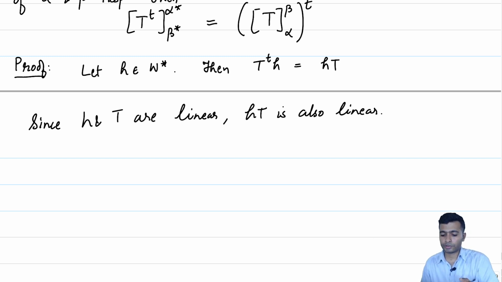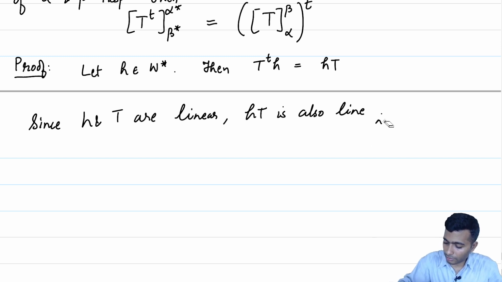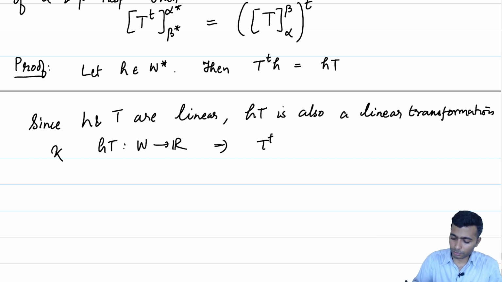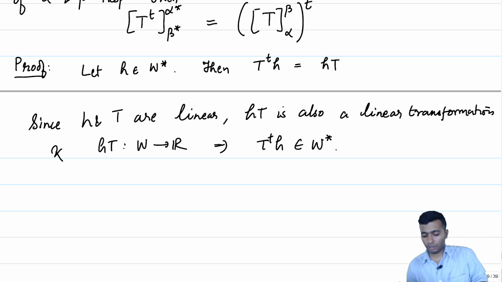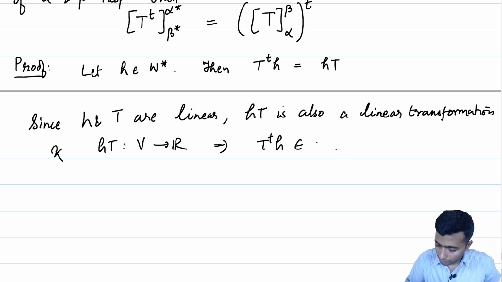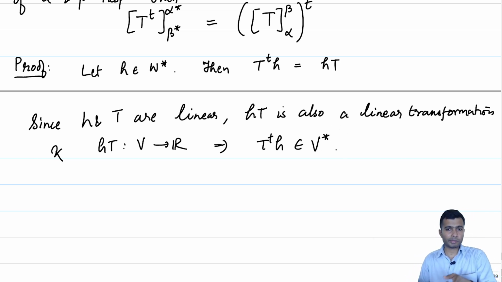Further, HT maps W into R. Note that T is a map from V to W and H is a map from W to R. So HT is a map from V into R, it goes through W though.